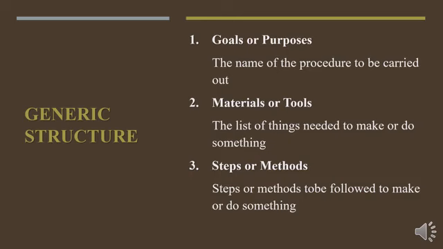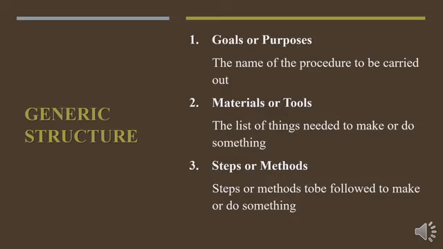Like other texts, procedure text also has its own generic structure that makes it different from other texts. Nah, seperti teks yang lainnya, teks prosedur juga mempunyai struktur umum tersendiri yang membedakannya dari teks-teks yang lain. Okay, the first part of a procedure text is called goals or purposes.